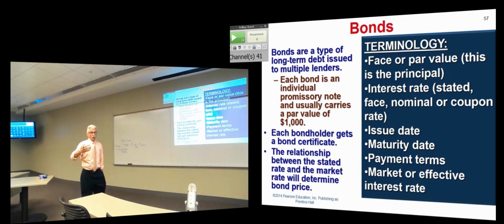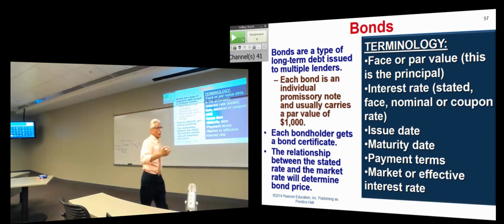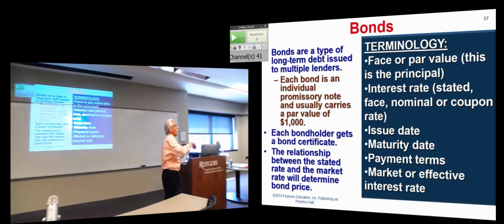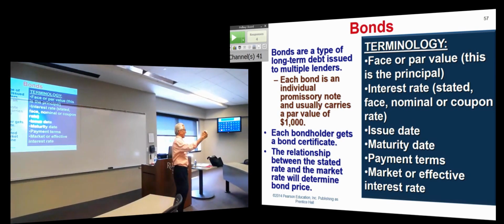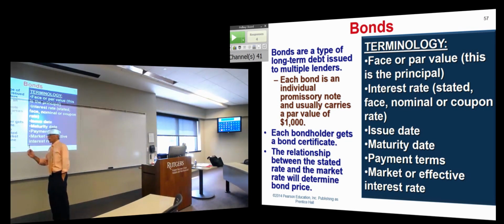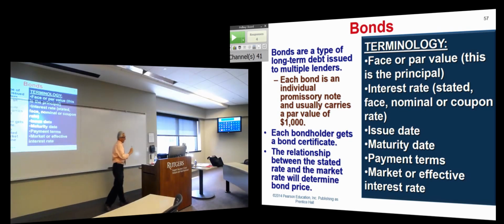The bondholders are actually investors, but they're really lending you money. So if you go out right now and buy a bond, you're actually lending the corporation money. So rather than borrowing from a bank the full 10,000, the individual promissory notes, the individual bonds, can be sold to 10 different people. So you have 10 different lenders.